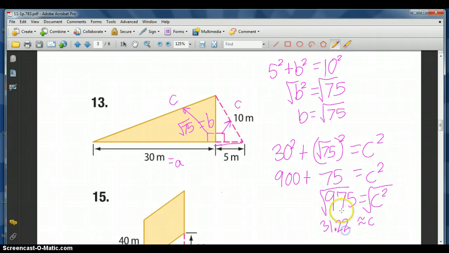And now we're ready to find the perimeter. So our perimeter would be all three sides added together. So we have 30 here. We have the square root of 75, which is approximately 8.66.